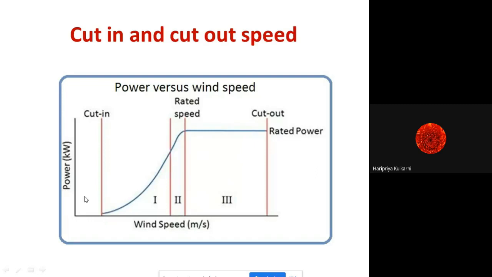So this wind is of no use. Considering both horizontal and vertical axis wind turbines, it is less than 3 meters per second. If the wind speed is less than 3 meters per second, your turbine is not going to generate any power. It is waste.